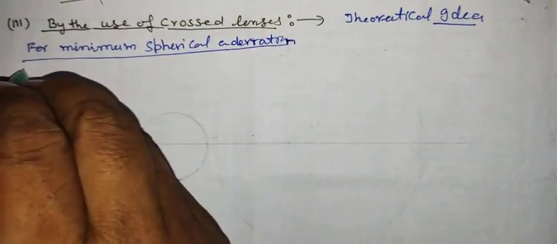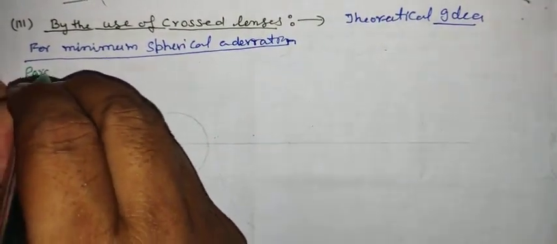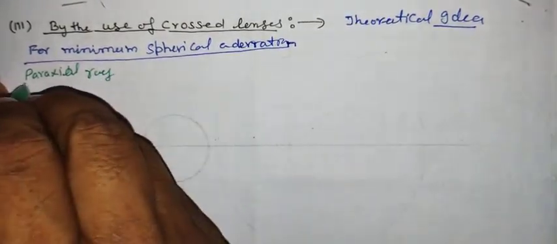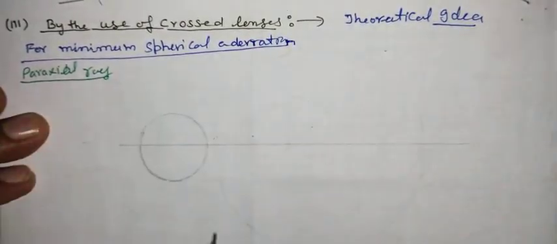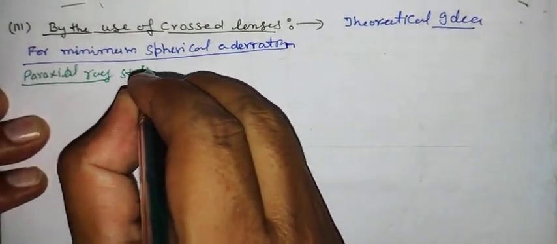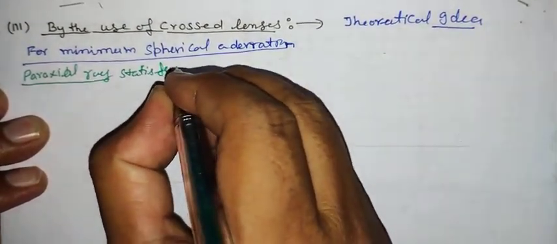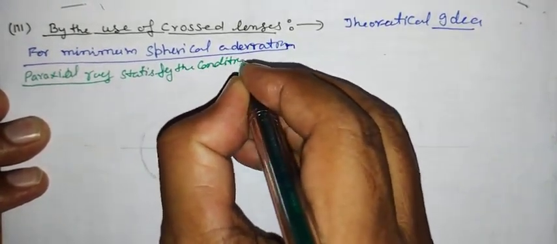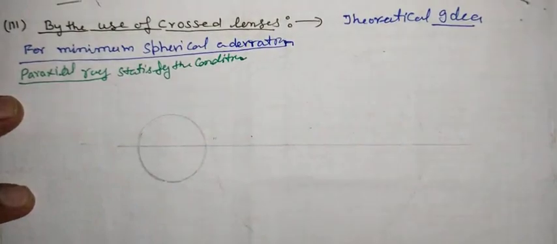paraxial rays, we know, what are paraxial rays? Those which are near to the principal axis satisfy the condition. What is the condition to satisfy?